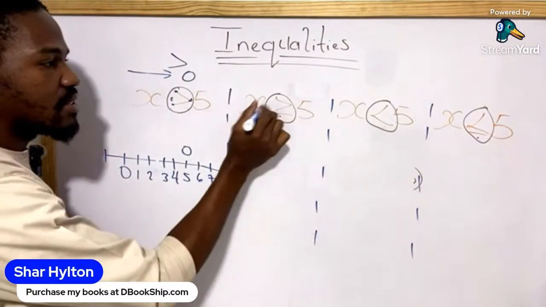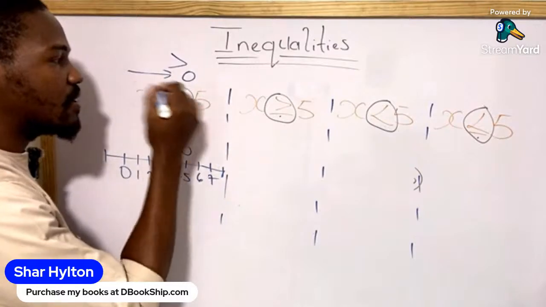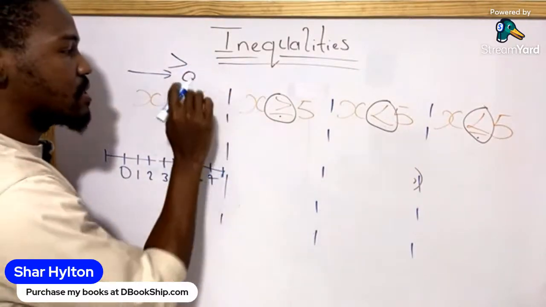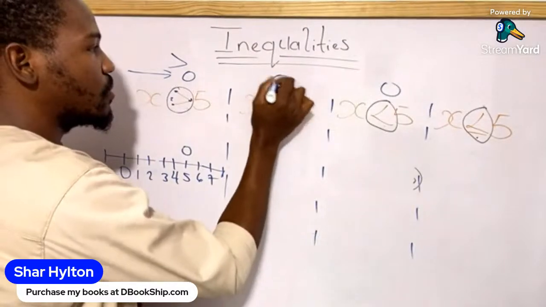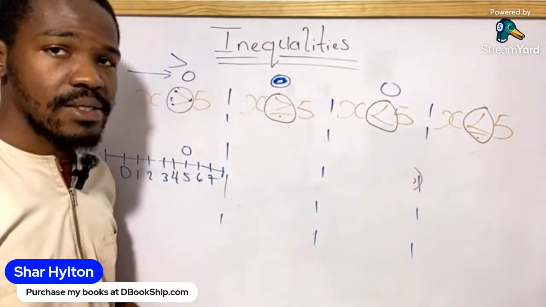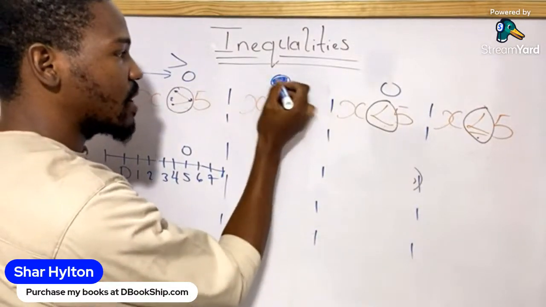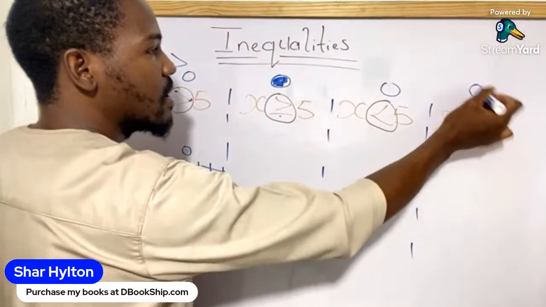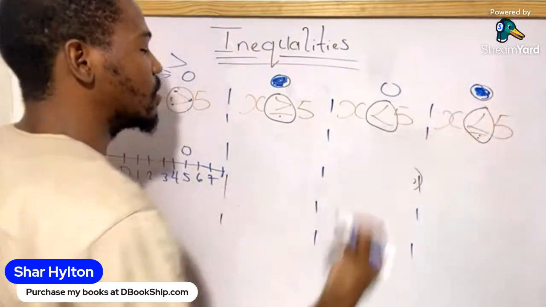So this one where we have this greater than sign, there's no line under it. For those ones, we use an open circle. Here we see it again, we use an open circle. But for this one, we use a closed circle to tell us that x also equals 5. So we use a closed circle whenever x is also 5. Here again, we just use a closed circle to represent it on the number line.